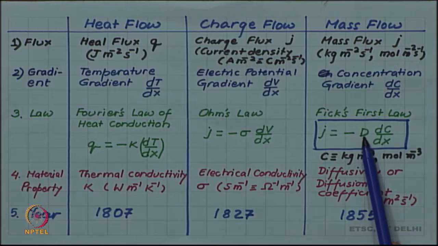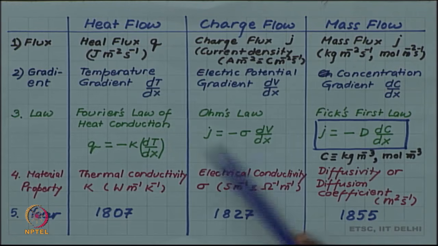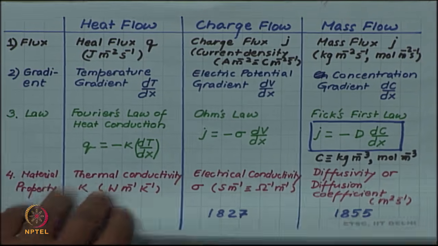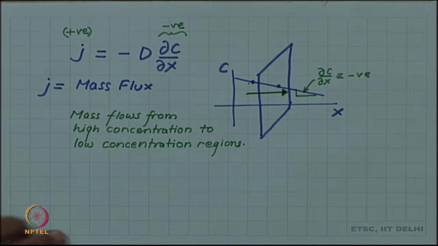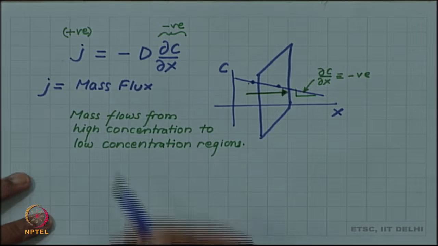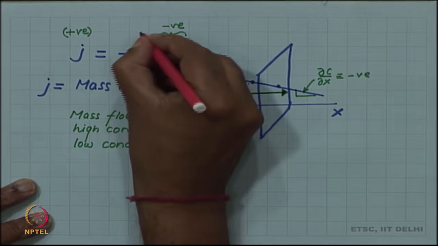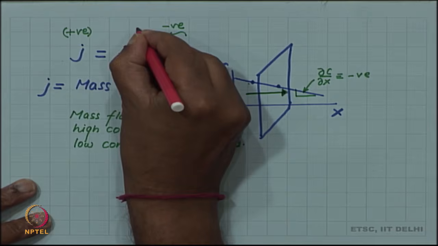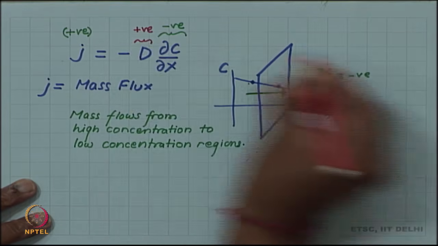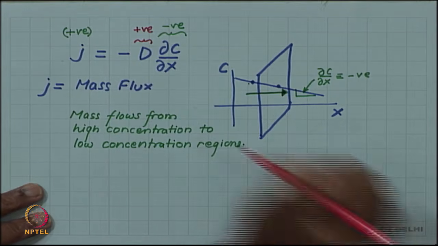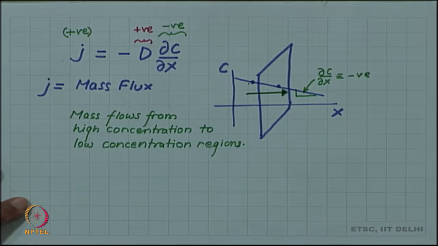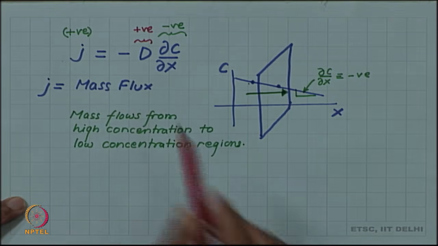If we want to keep them positive, we have to have a minus sign in all these equations. So, this D, if we want positive, then this minus sign should be there.